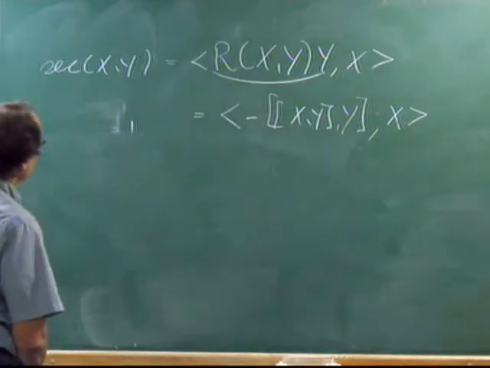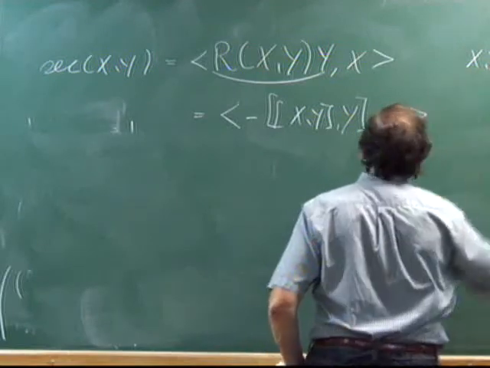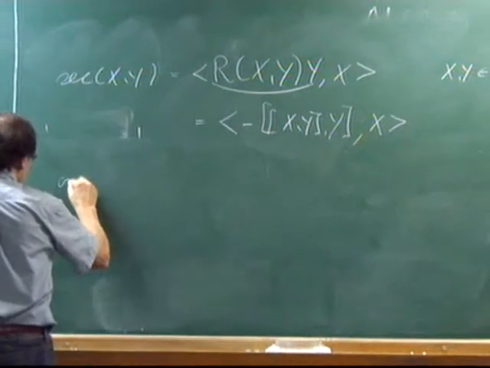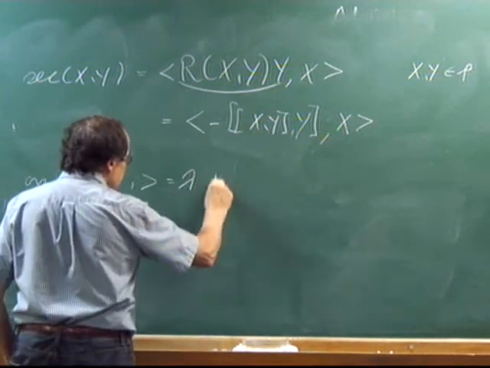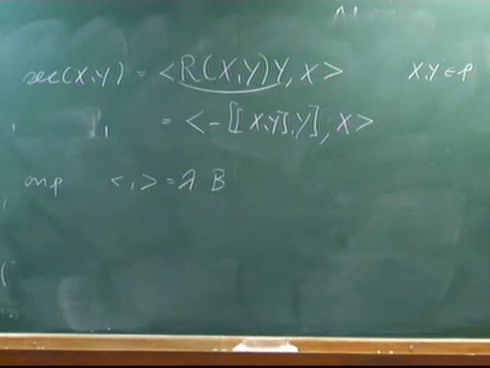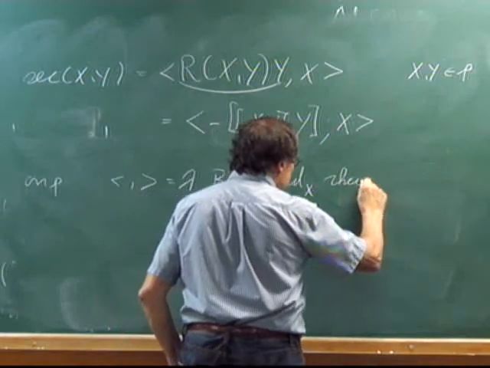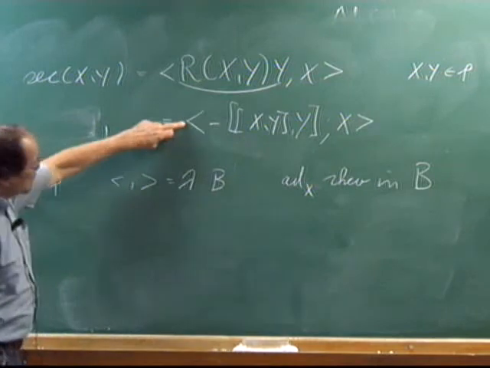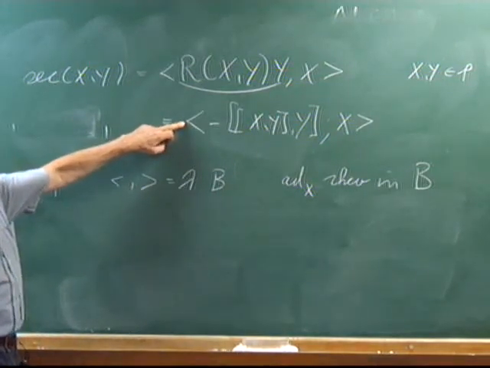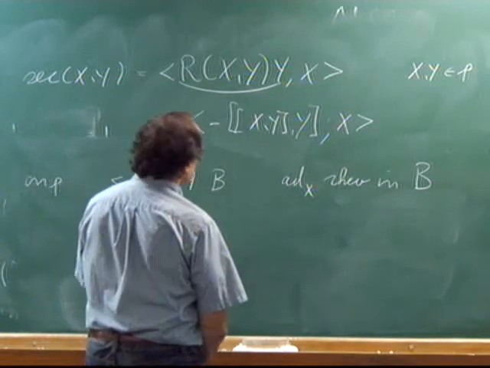This here is a triple Lie bracket, [[x, y], y], inner product with x. So this is symmetric on P, right? So x and y lie in P. But on P, the metric is a multiple of the Killing form. And ad X is skew-symmetric in the Killing form. So that means if I think of this as a multiple of the Killing form, I might as well use this skew-symmetry right away. So this is equal to, what do I want to switch?